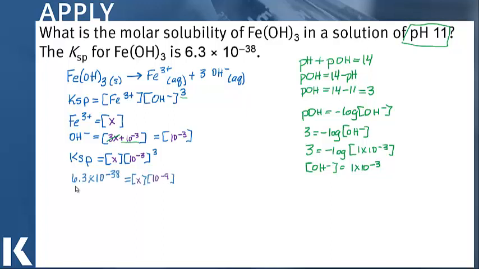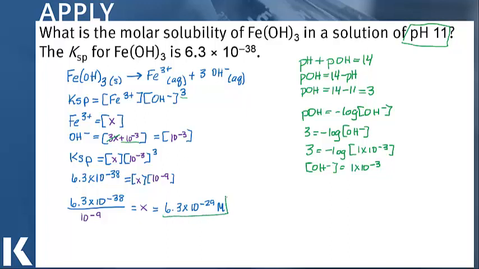So they tell me my Ksp is 6.3 times 10 to the negative 38, and I have x and 10 to the negative 9th. I'm going to divide both sides by 10 to the negative 9th to isolate my x, and I find out that my molar solubility is 6.3 times 10 to the negative 29th molar.